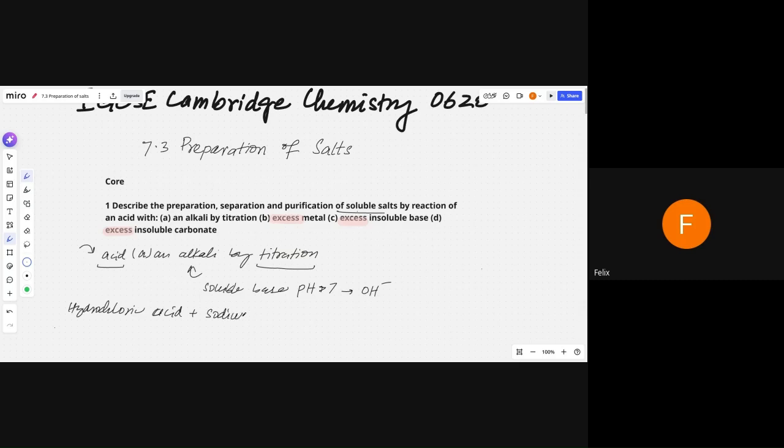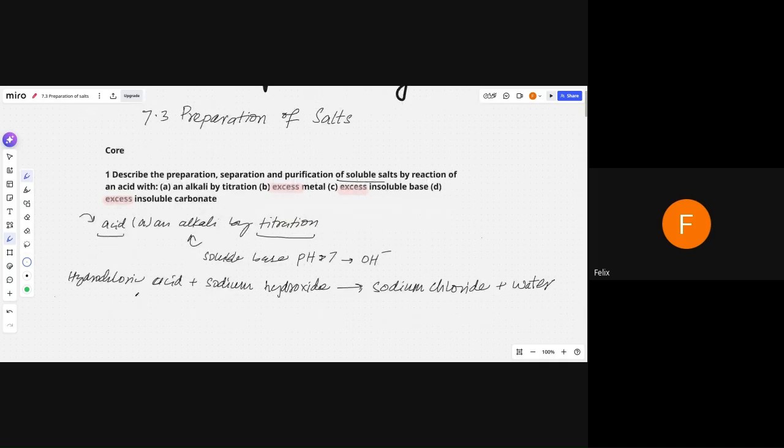They are going to produce the salt, sodium chloride, and water, right? So you can see here that this is the acid we are using, and that's the alkali we are using. They are going to produce sodium chloride and water.